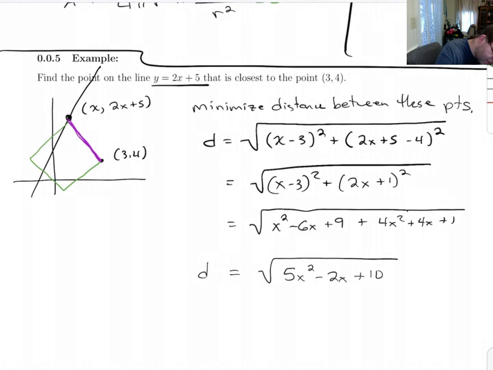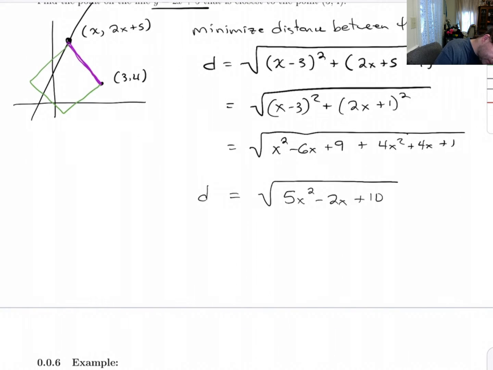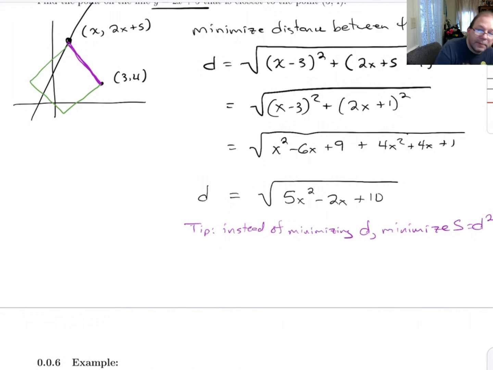So instead of minimizing this, let's minimize, I'm going to call it S, which is d squared.